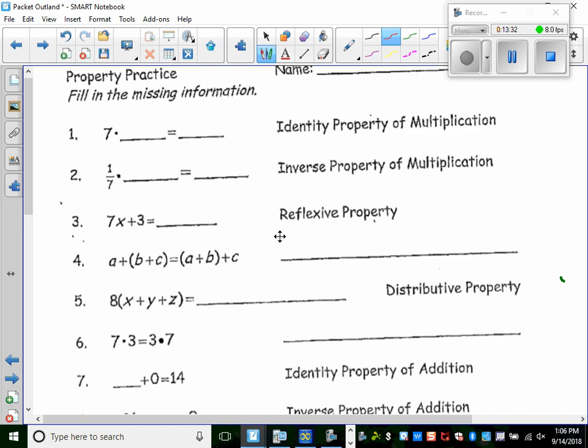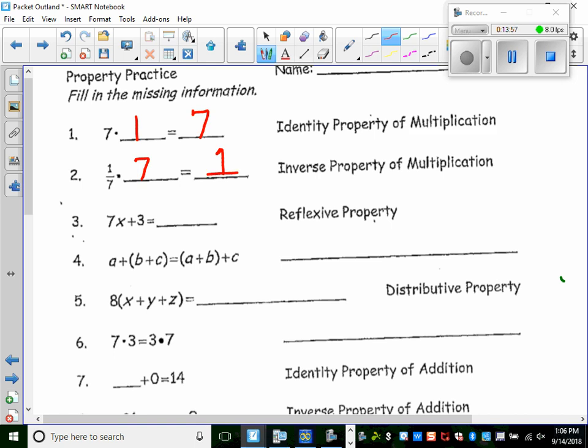So the identity property of multiplication says if you multiply by 1, you get the identical number. So it has to be 7 times 1 equals 7. Inverse property says when you multiply a number by its reciprocal. So the reciprocal of 1/7 is 7, or 7 over 1. Okay, that equals 1 whole.